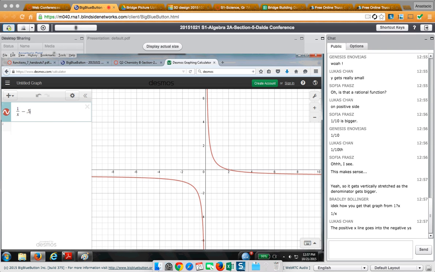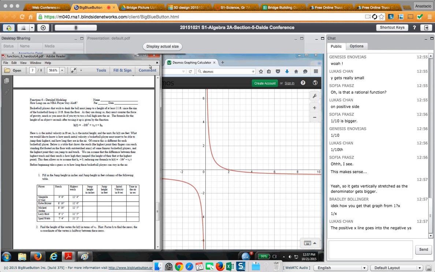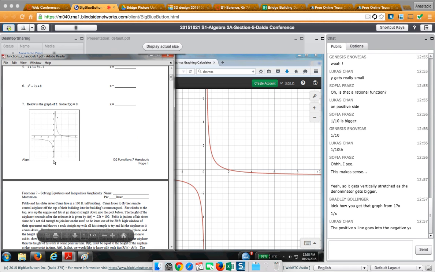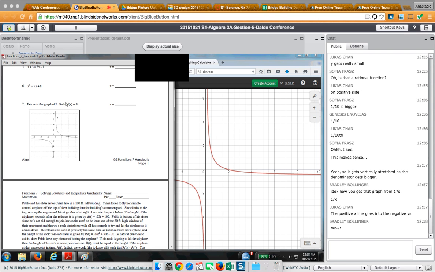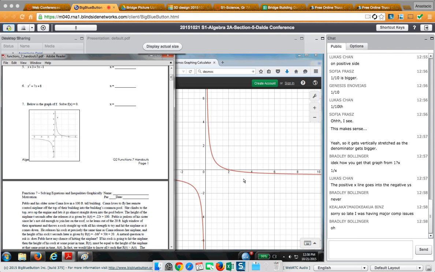In fact, the question was asking, when does f of x equal 0? When x equals what? Where does this graph cross the x-axis? At 2. There we go. That's it. So the answer to that is 2. And you can use it in the graph.